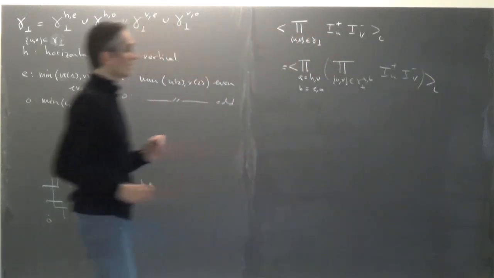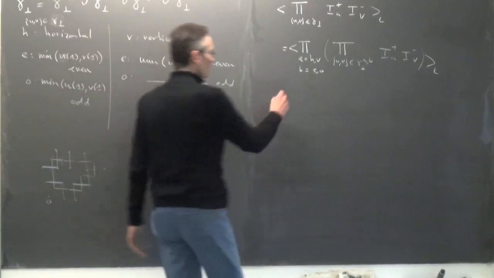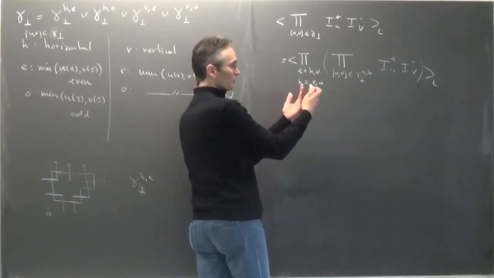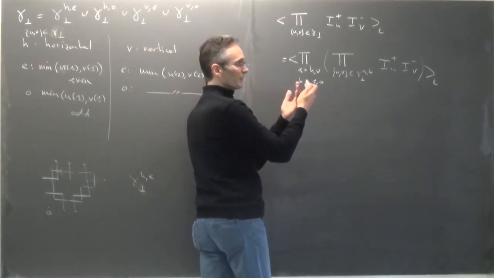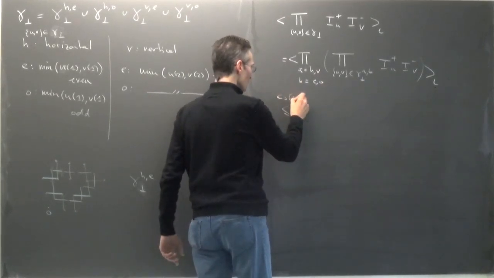And I'm just going to use Cauchy-Schwarz twice. I just use Cauchy-Schwarz, say first to split horizontal and vertical, and then to split even and odd. So you use Cauchy-Schwarz twice.